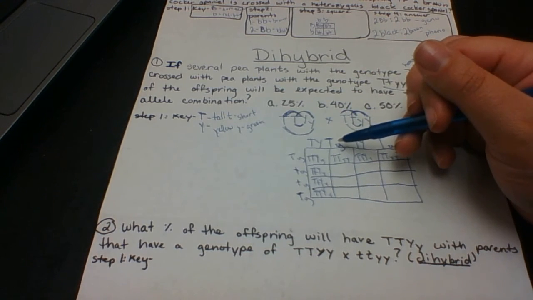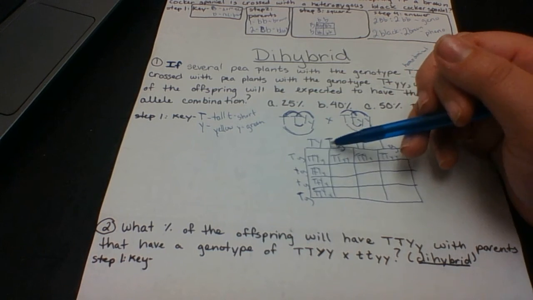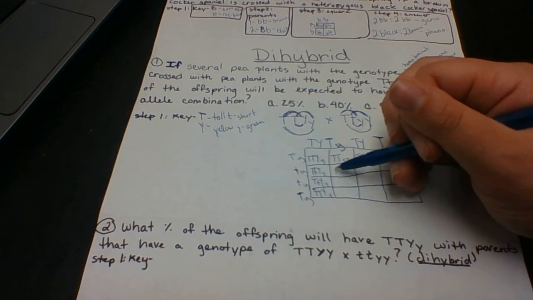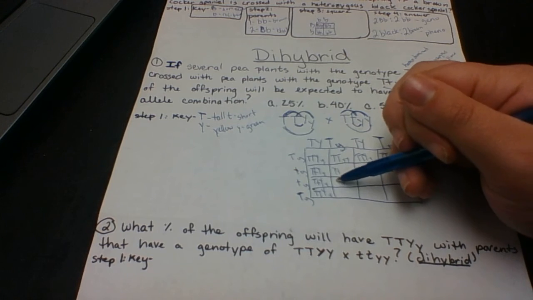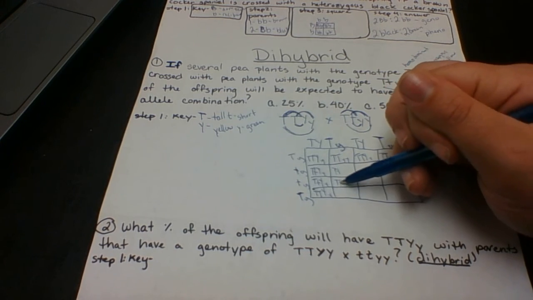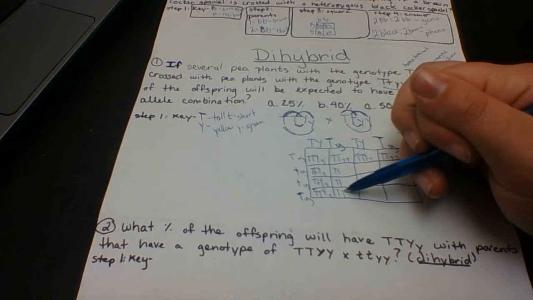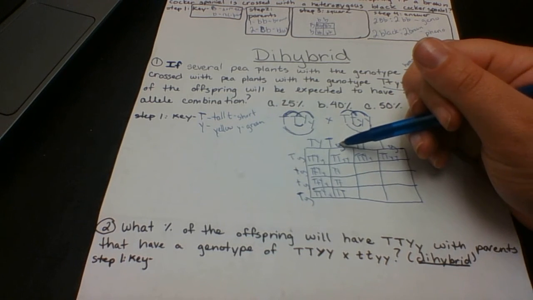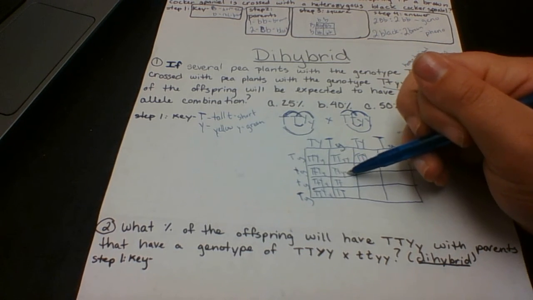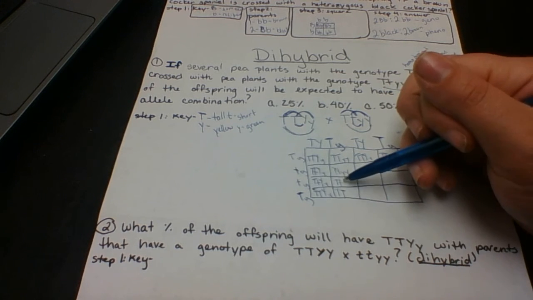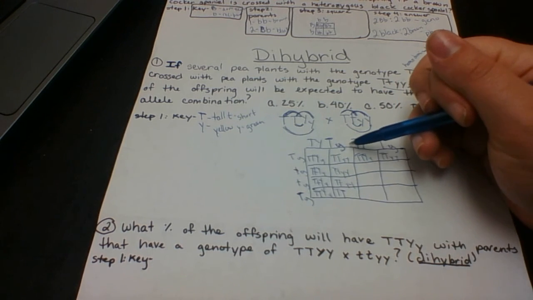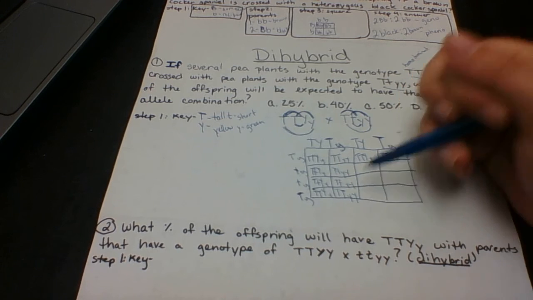Okay, here, big T, little t, big T, little t, big T, big T. Little y, little y, little y, little y, and little y, little y.